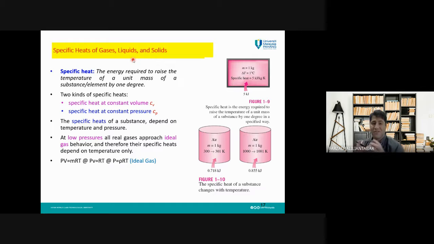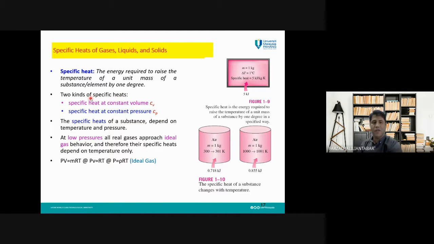If we compress the gas, the volume will be lower, but the pressure will increase. With the same amount, same mass of the gas, if we let the gas expand, the pressure will drop and volume will increase. So specific heat for gases depends on the volume and pressure of the gas.